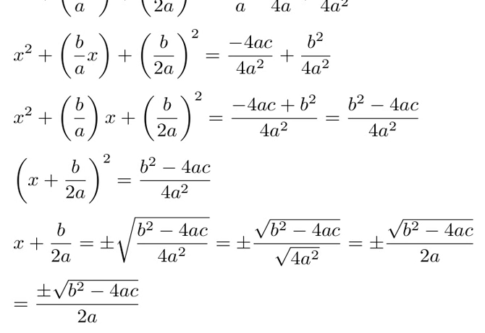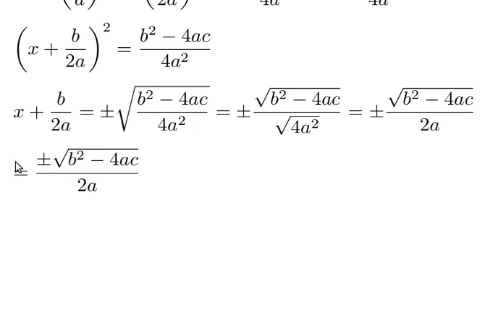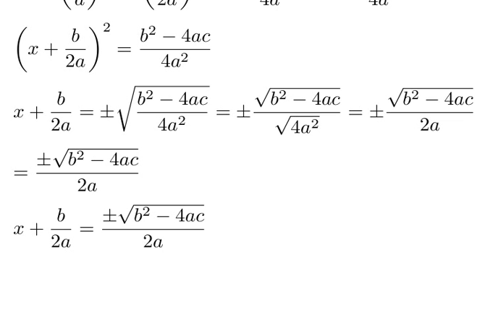Okay, so let's go ahead and move on. That was sort of a sidetrack. I'm going to rewrite this whole thing just because we kind of lost track of everything. So we have x plus b over 2a equals plus or minus the square root of b squared minus 4ac all over 2a.